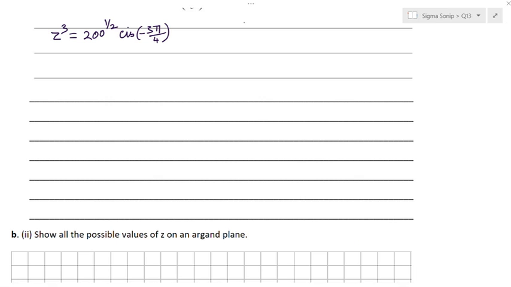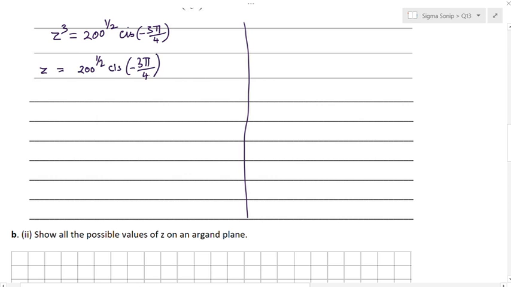So let's work like this. So Z is equal to, what we are doing is raising both sides to a power of 1 over 3, and that gives us 1 upon 6.